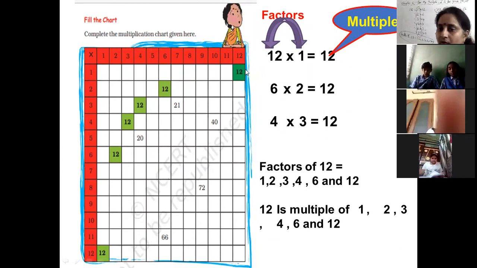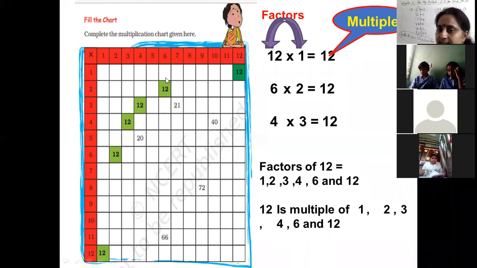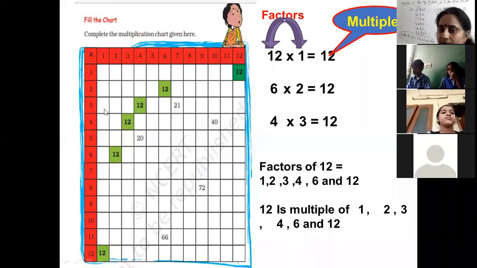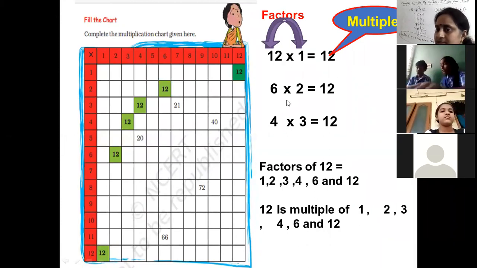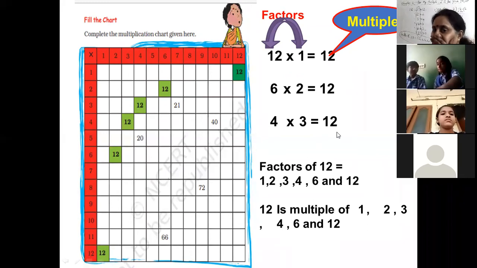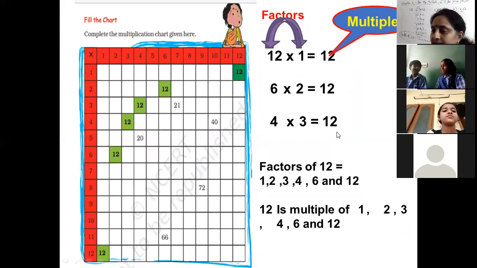So here 1 12 12, 2 6 12, 3 4 12, 4 3 12, 6 2 12, and 12 1 12. So these are the factors. So what are the factors of 12 here? 1, 2, 3, 4, 6 and 12.